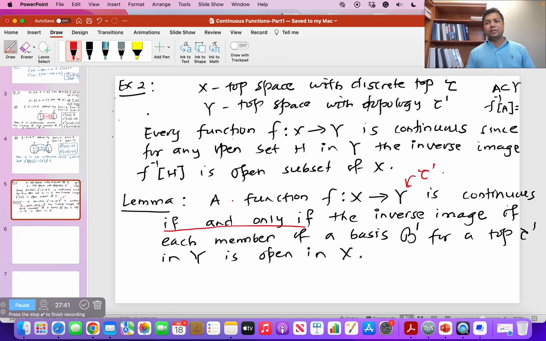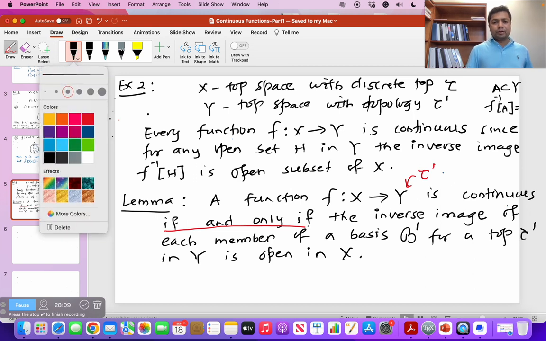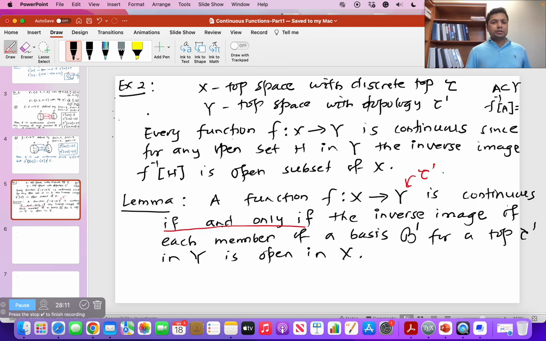In fact, a basis element itself is an open set, so the proof of this lemma is kind of obvious if you use the definition of continuous function using open sets. I'm not going to prove this lemma, but I'm going to give you some examples of continuous functions using the basis.